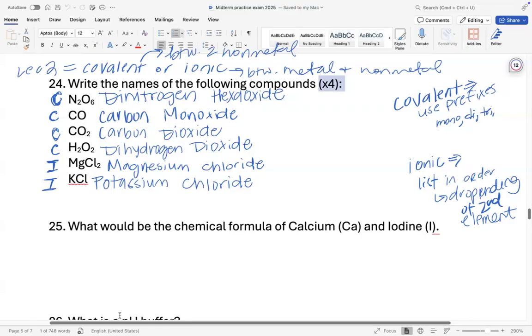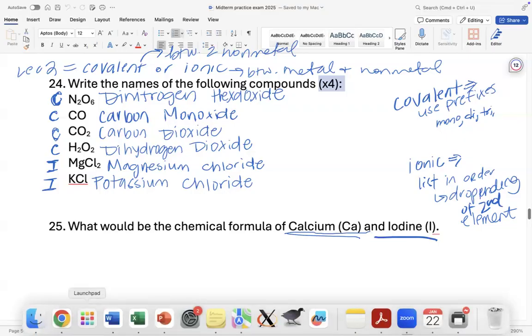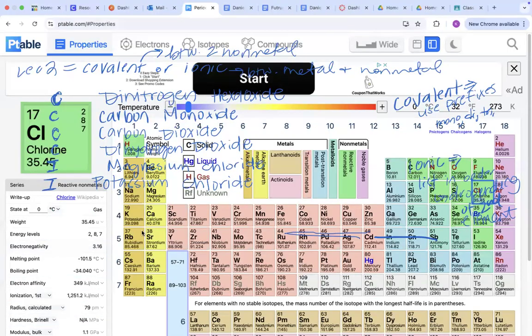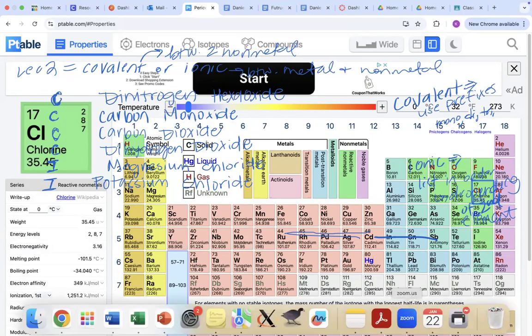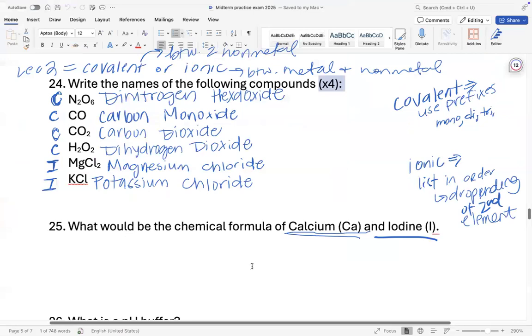Okay. So what would be the chemical formula of calcium and iodine? All right. So this calcium is, let's go back to the periodic table here. This is a metal where iodine is a non-metal. All right. So it's asking us to create a chemical formula for an ionic compound because it's a metal and a non-metal.